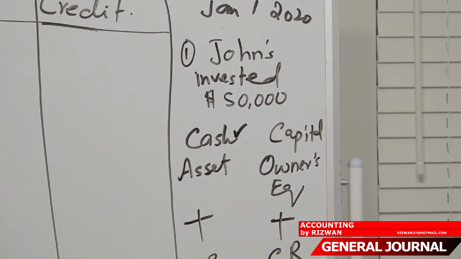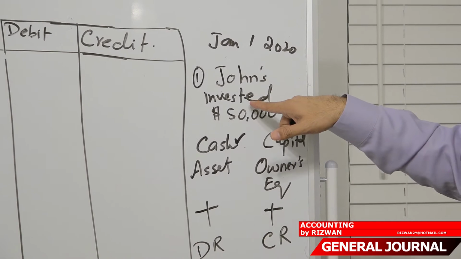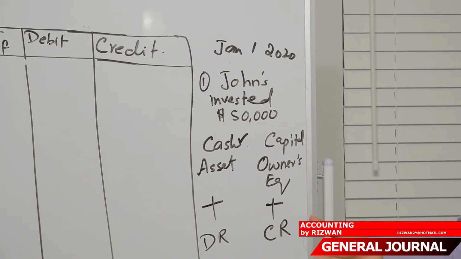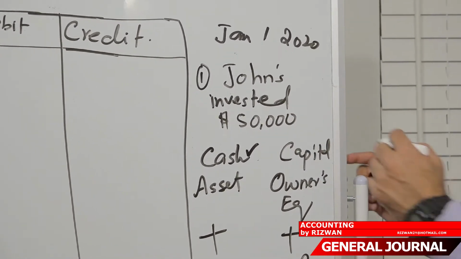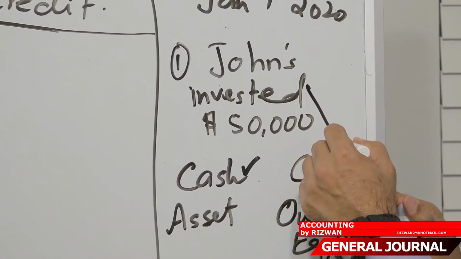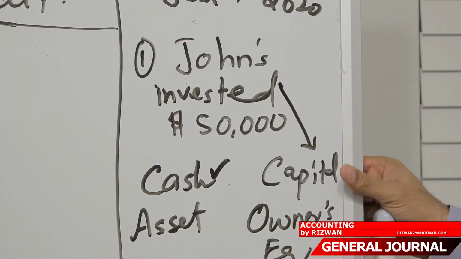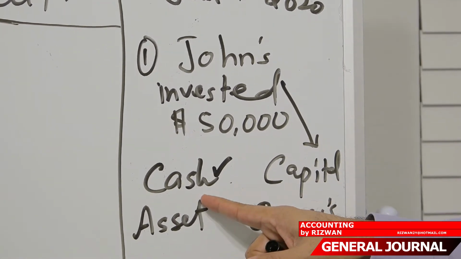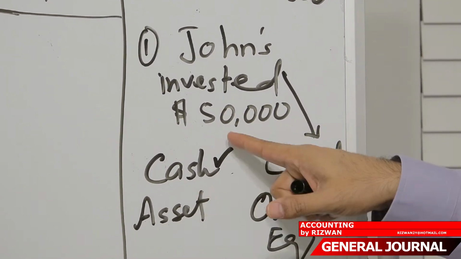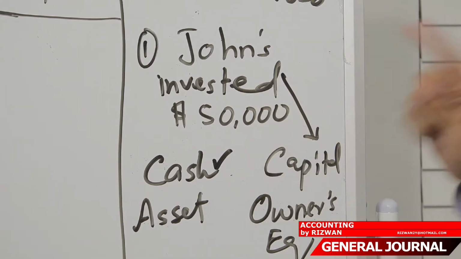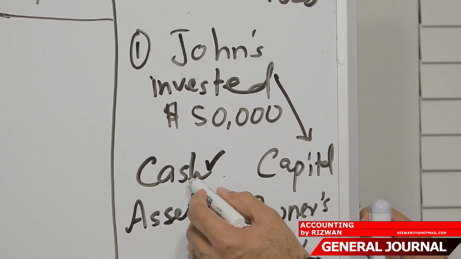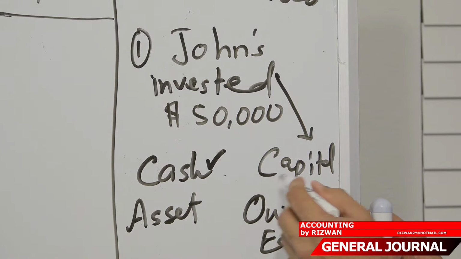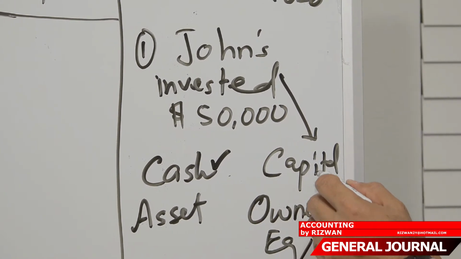In this case, invested is a keyword that helps you understand I'm talking about capital. So he invested cash, $50,000, and two accounts will be affected: the first one is cash, and the second is capital, guys.